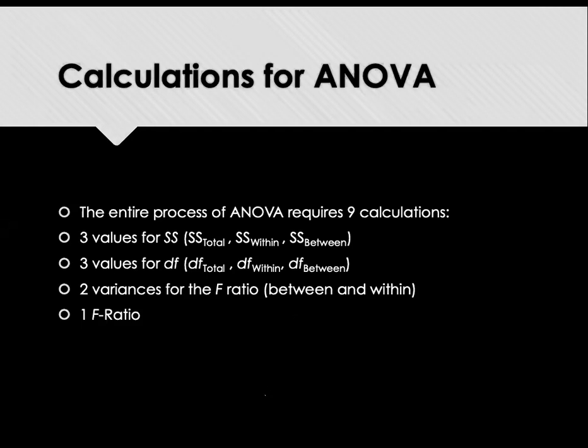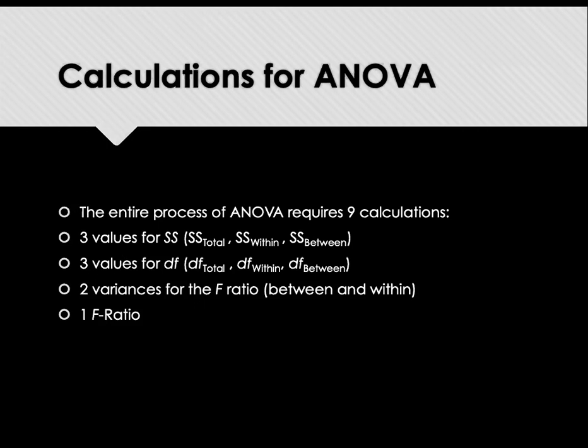Okay, so just mapping it out here again, the entire process of an ANOVA requires 9 calculations. Sounds like a lot, but again, there's nothing too complex other than just keeping track of all the different calculations. So we're not doing any crazy calculus here or anything like that. You have to compute 3 values for sum of squares. Got to compute sum of squares total, within, and between.